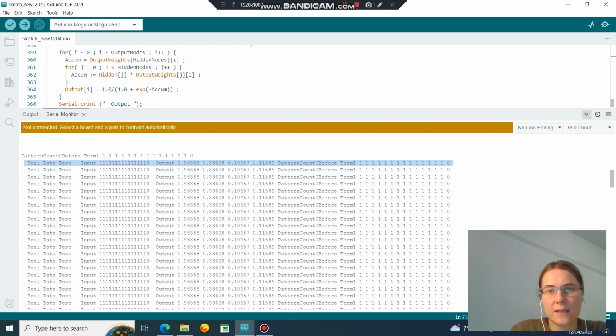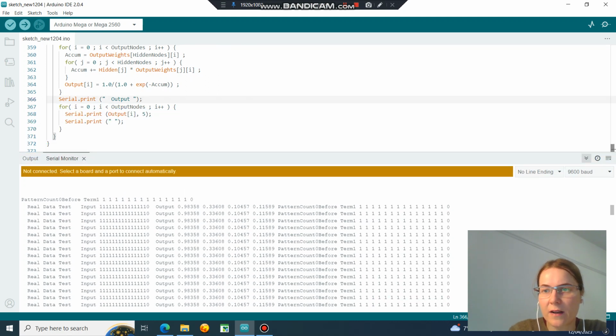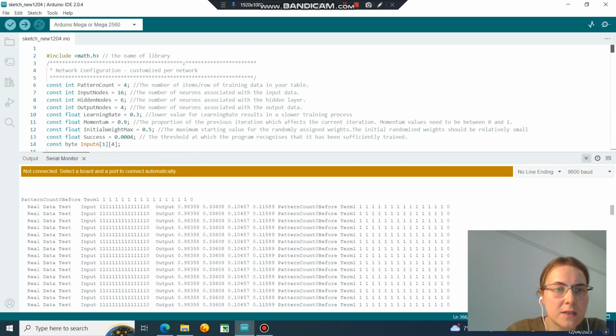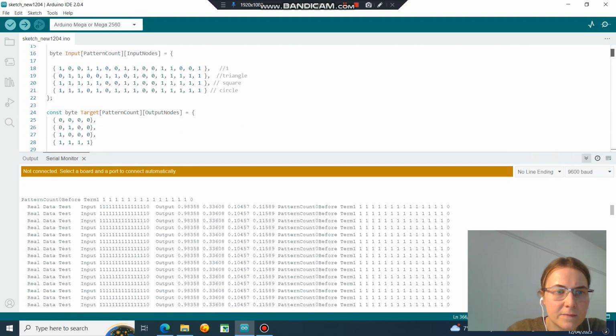And this is represented, I think, by the square. Come back to the code and we just look at it. Yes, 1 0 0 is related to the square. So we know that it is working.